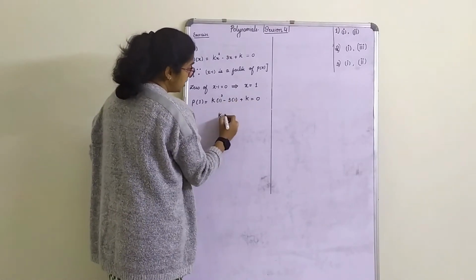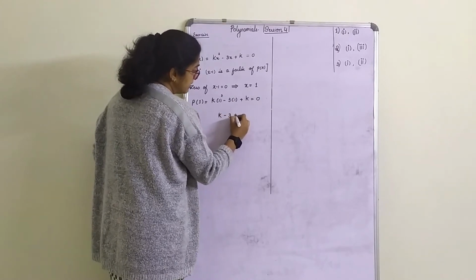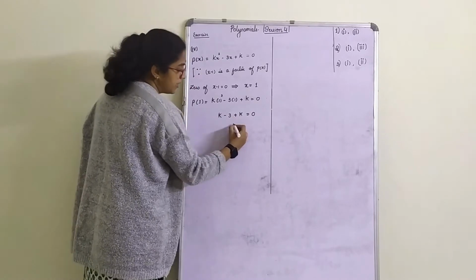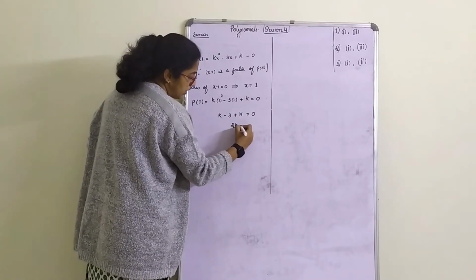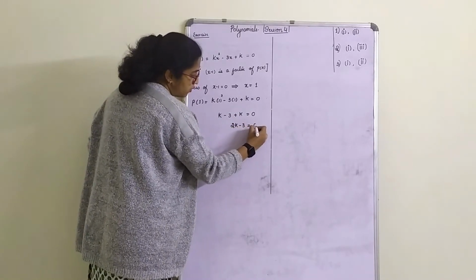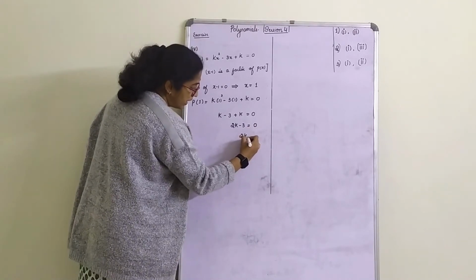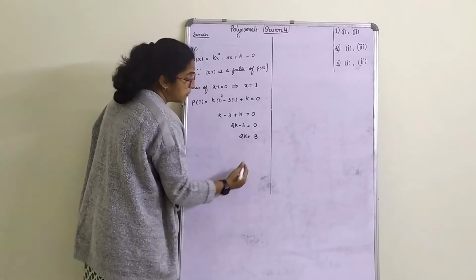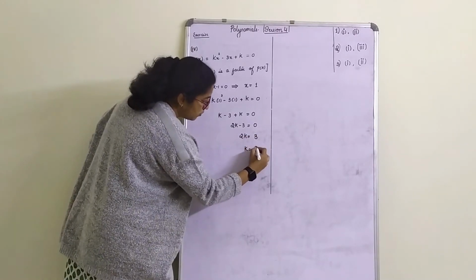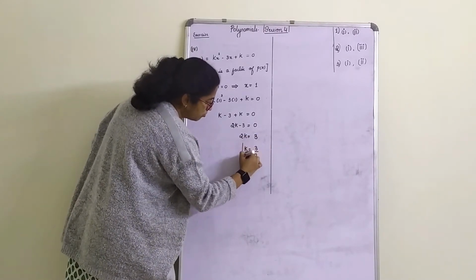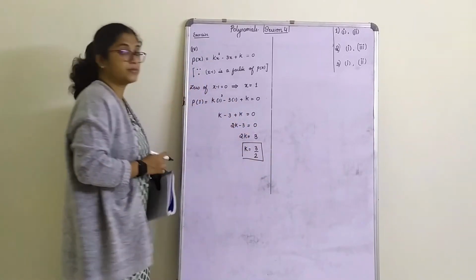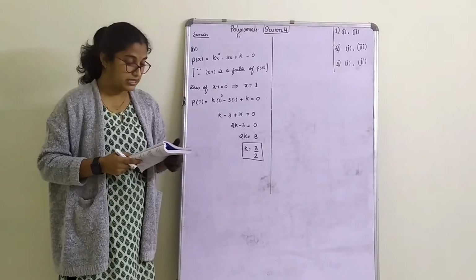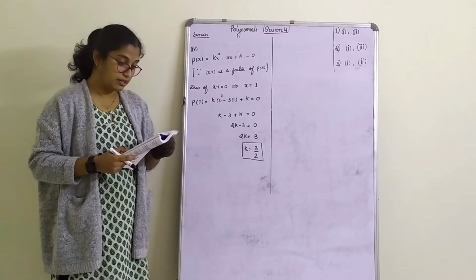So here minus 3 plus k is equal to 0. k plus k, 2k minus 3 is equal to 0. 2k is equal to, transpose 3 to this side, so that will become plus 3. So k is equal to 3 by 2 is the value. So that's the value of k. k value is 3 by 2. Yes. With that we complete the third way.